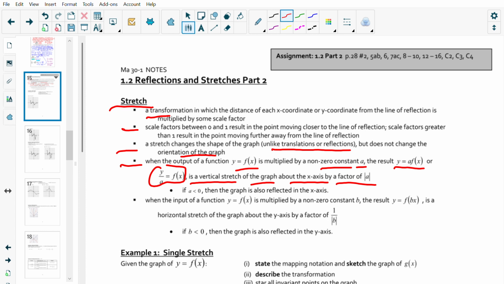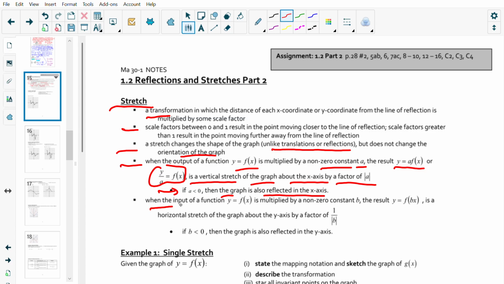We never say by a factor of -2. If a is less than 0, then the graph is also reflected in the x-axis. So if a is -2, then the vertical stretch of the graph is about the x-axis by a factor of 2. But since a is less than 0, a equals -2, the graph is also reflected in the x-axis.